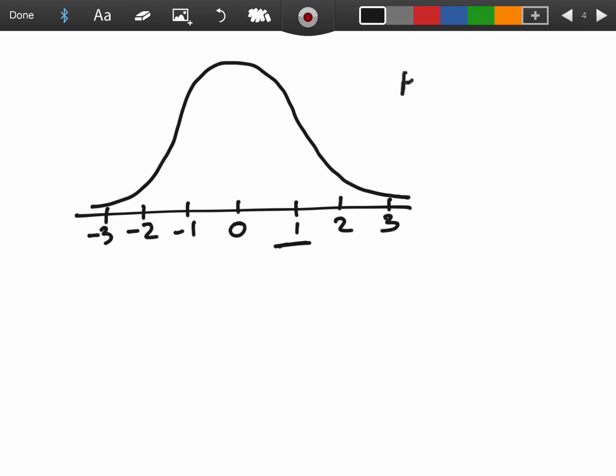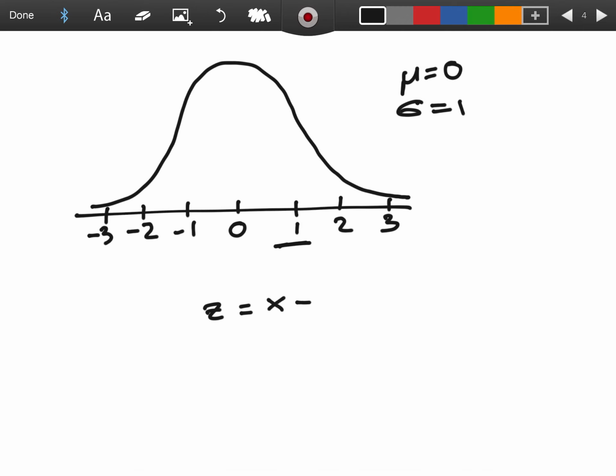of 1. Okay, so what that Z transformation does is it took your original data set and your original normal distribution curve with a random mean and random standard deviation. It shifts the graph along the x-axis to give you a mean of 0, and then it will either flatten the curve or steepen the curve to give you a standard deviation of 1.